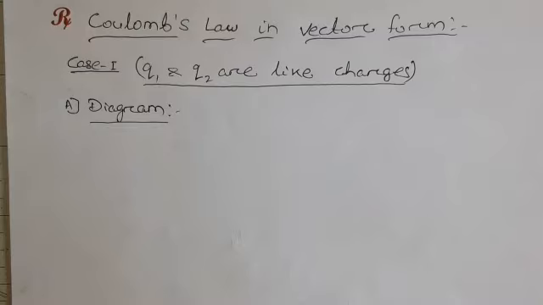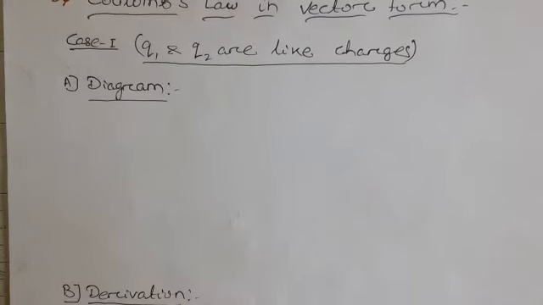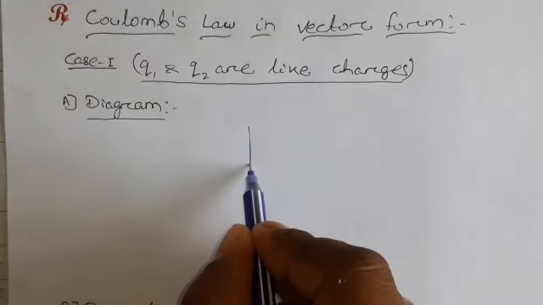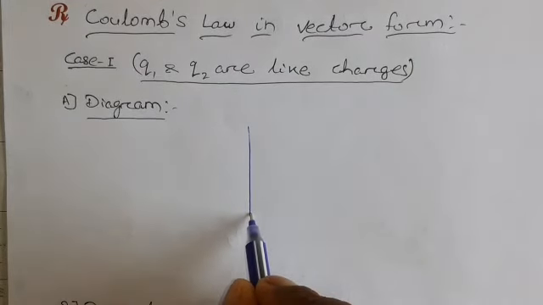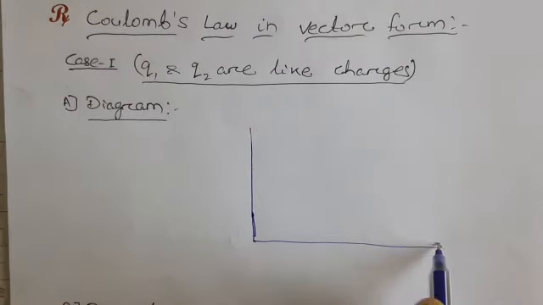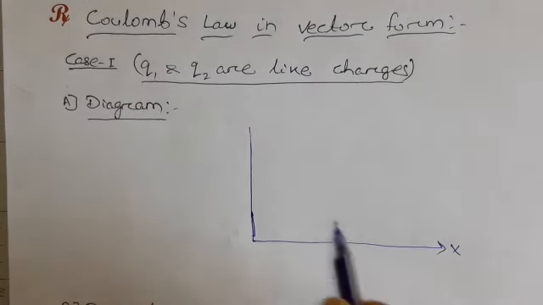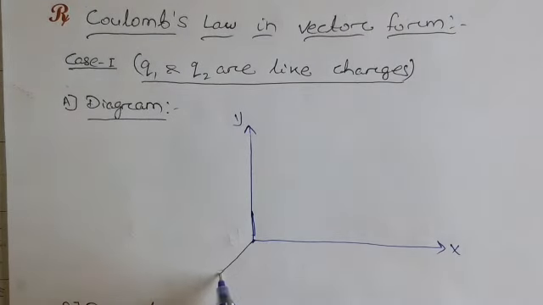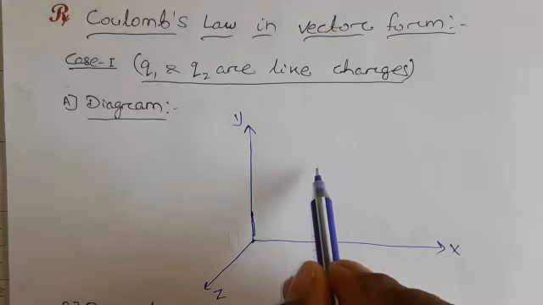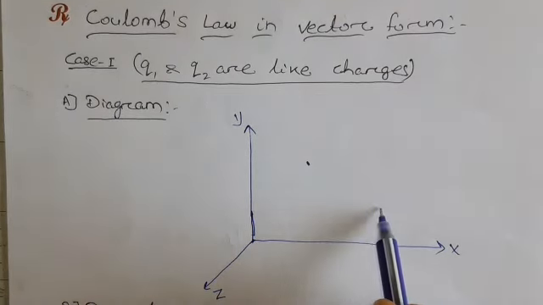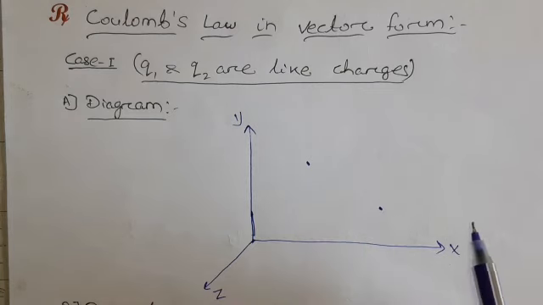Going towards the diagram, I will draw the axes. Let's say this is the x axis, this is the y axis, and this is the z axis. This is the origin. Here I will take two charges.